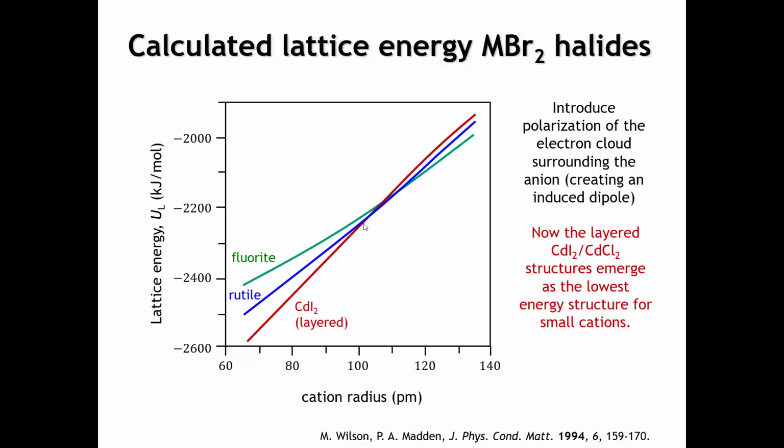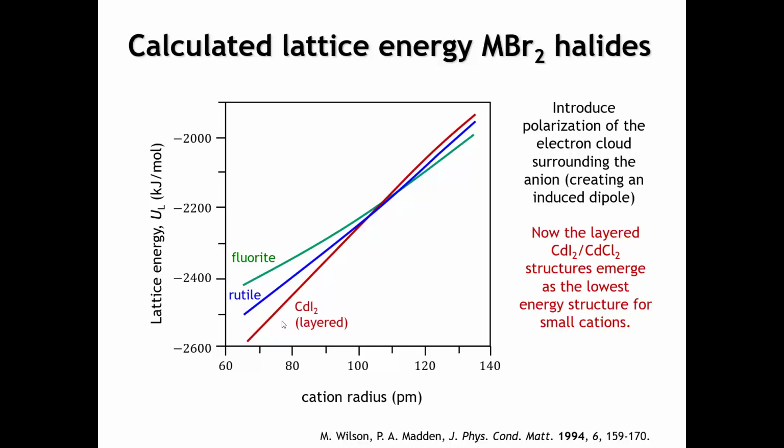Okay, so allowing this induced dipole, you can kind of see where that might lead to an improvement in the lattice energy. I should say, if we were to go back to the old calculation, what's happened here is the layered structure, its Madelung energy or lattice energy has come down a lot. The fluorite structure basically hasn't changed, and the rutile structure has changed downward just ever so slightly.